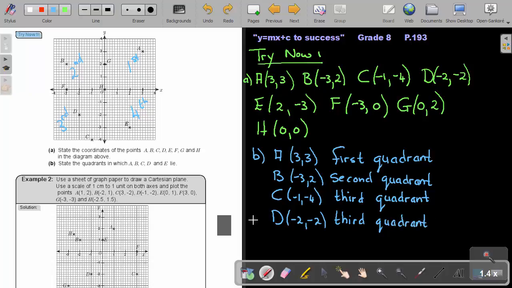And then point E, the last one, and that coordinate was 2 and -3. There is E, and that was in the fourth quadrant. Okay, and that's how we describe the following coordinate points.